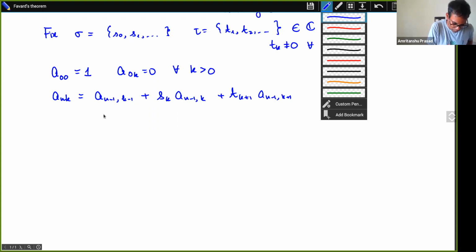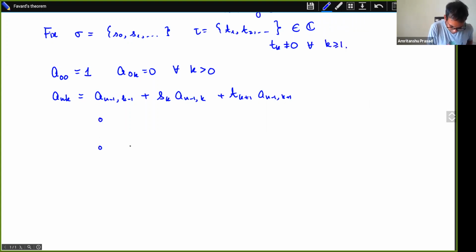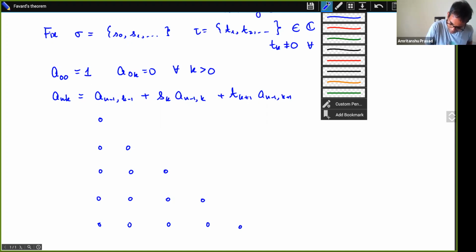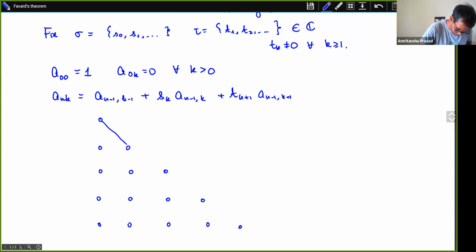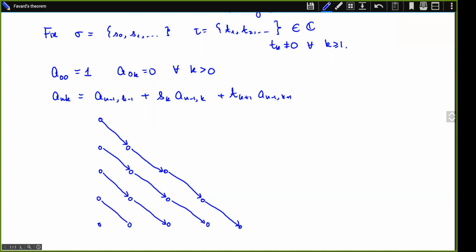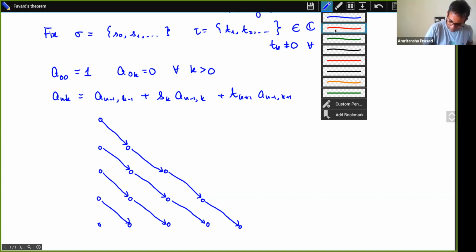So you have this triangle, and you have three kinds of edges. So you have edges going in this direction. These have weight 1. Then you have edges going downwards.